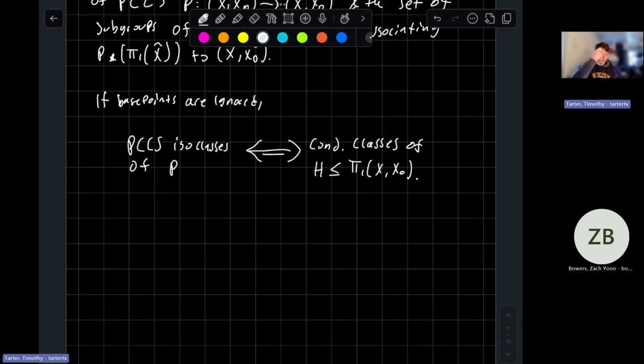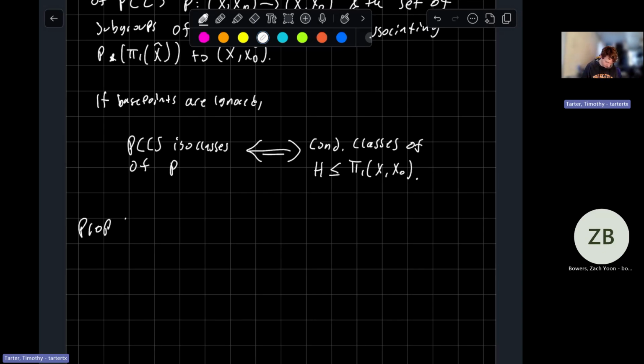So a consequence of the lifting criterion is that a simply connected covering space of X is a covering space of every other path connected covering space of X. A simply connected covering space of X is therefore called a universal cover.